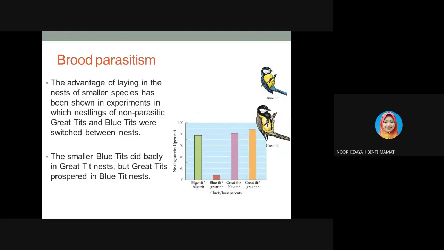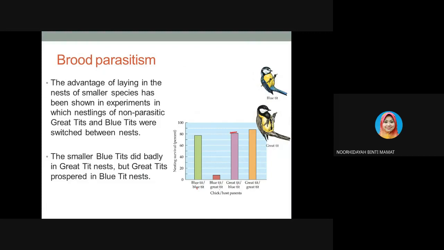The nestling survival can reach 80%, while the blue tits in the great tits' nest, because the blue tits are smaller, did badly. But the great tit birds prospered in the blue tits' nest.